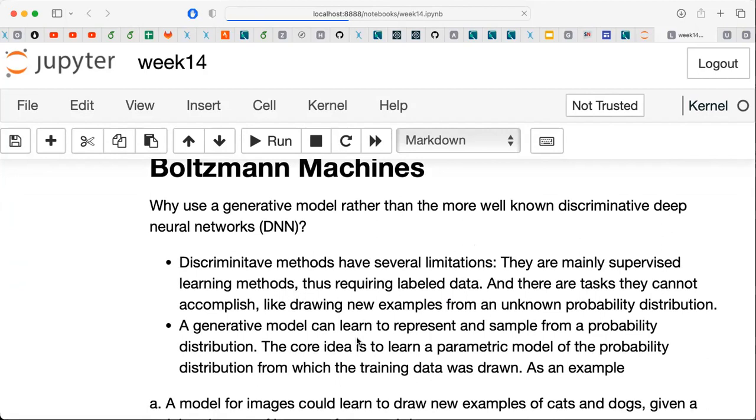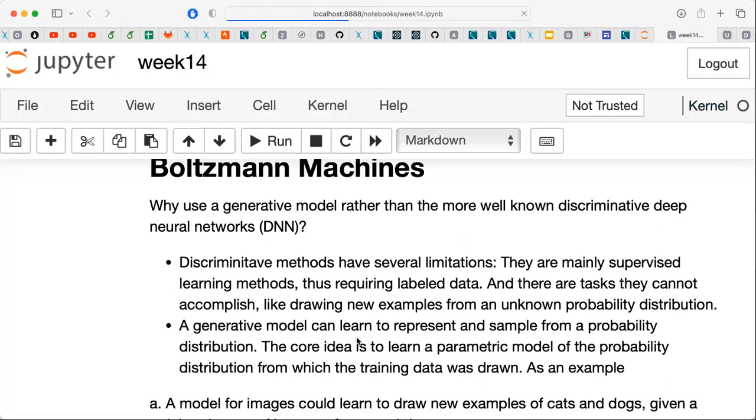So you could train a probability distribution to generate examples of cats and dogs based on the training of images of cats and dogs. So it's not that you have a convolutional neural network, which is used to train and reproduce data, but now you have something which can generate new data. So that's the big difference.